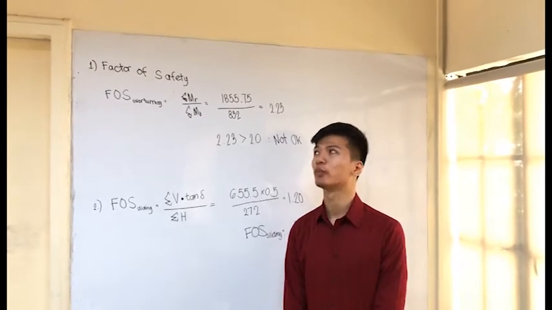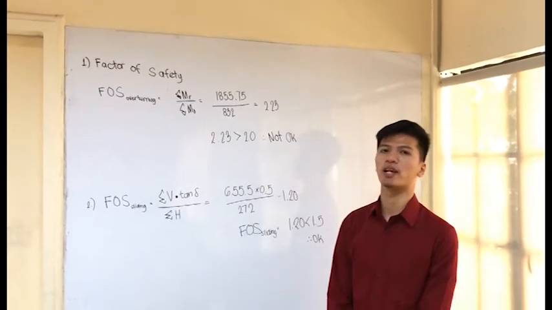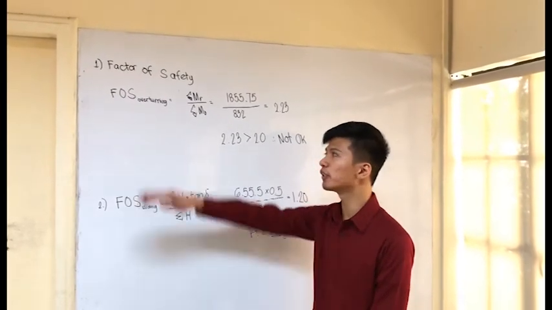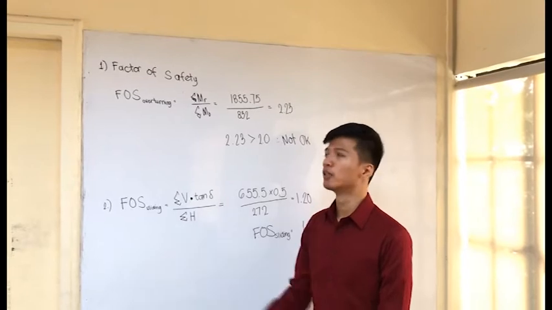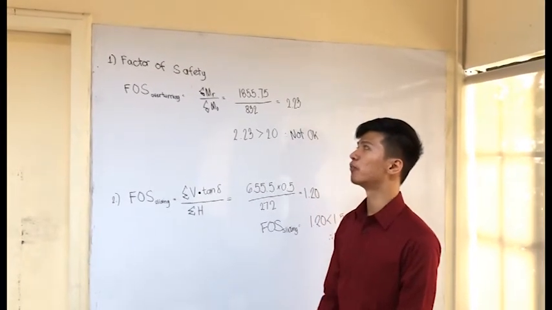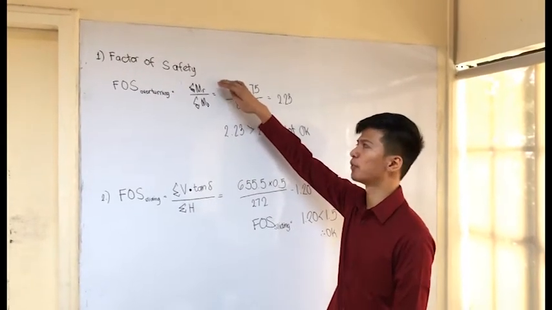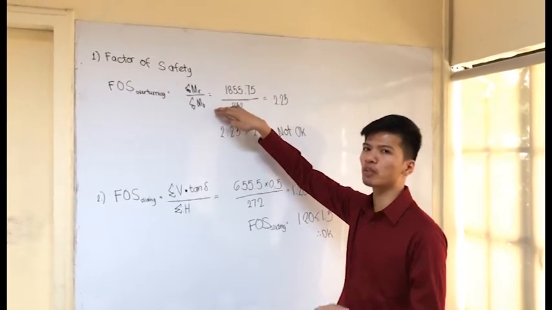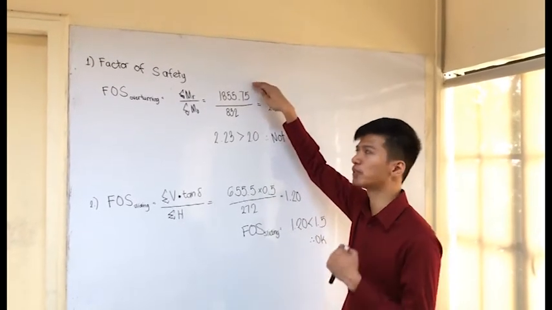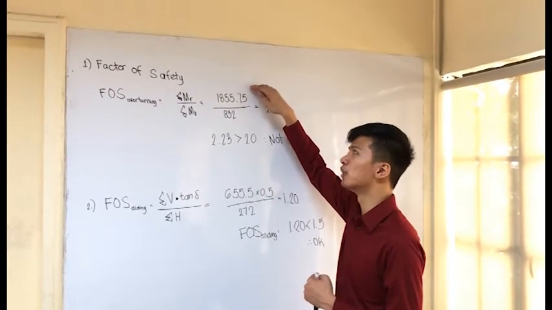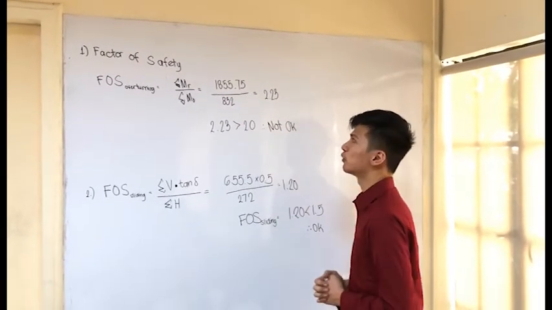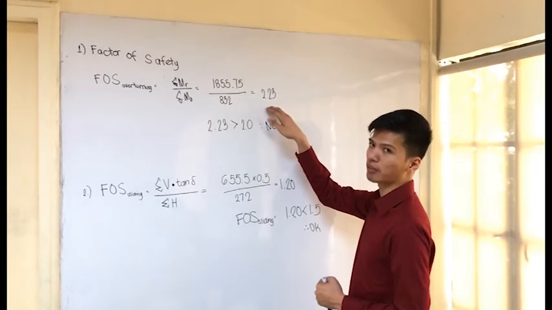For the last part, we will now compute the factor of safety of the cantilever wall, for overturning and for sliding. For the factor of safety for overturning, we have the summation of resisting moment over the summation of overturning moment, which we got from the previous calculation: 1,855.75 kilonewton-meters over 832 kilonewton-meters, which is equal to 2.23, our factor of safety.